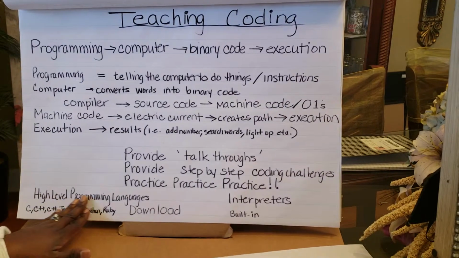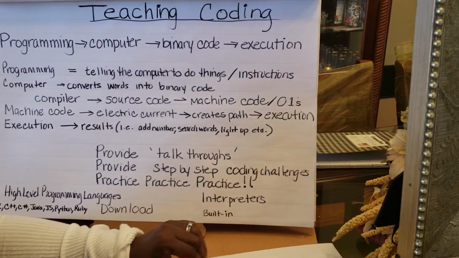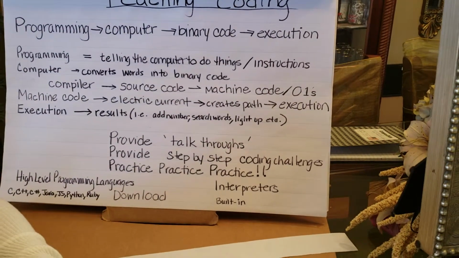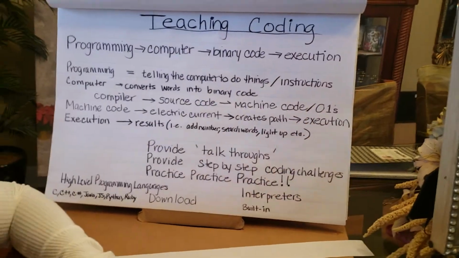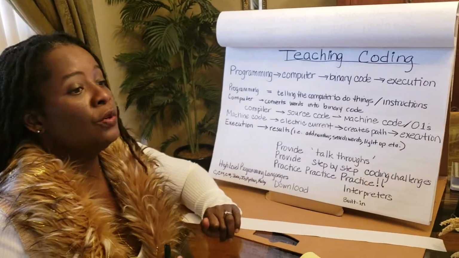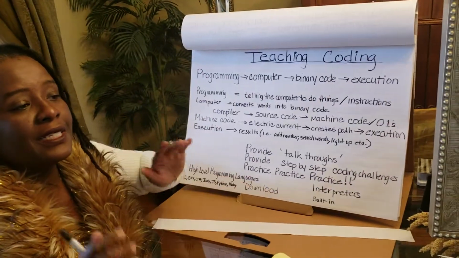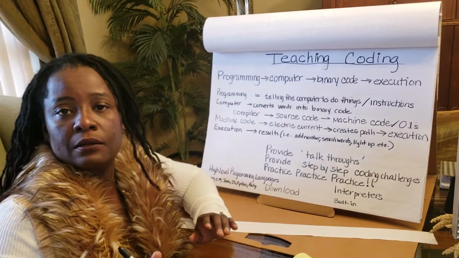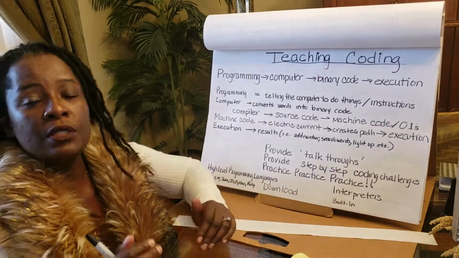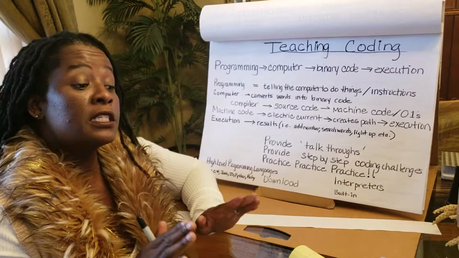So all of these high-level programming languages have interpreters that are actually built into the system, all right? So what we're going to do, the first step we're going to do, once we come up with the set of instructions, is we're going to actually download Python. Okay, so I have chosen Python to be the language that we're actually going to start with because Python is a lot easier.